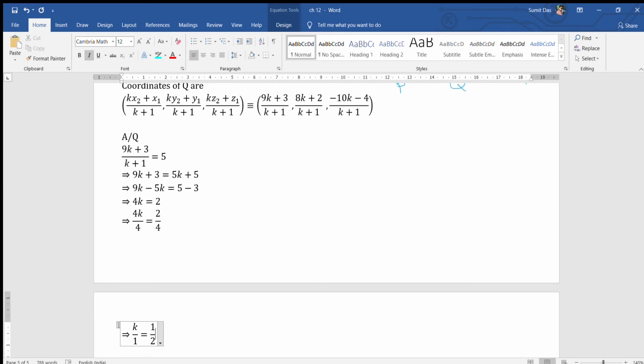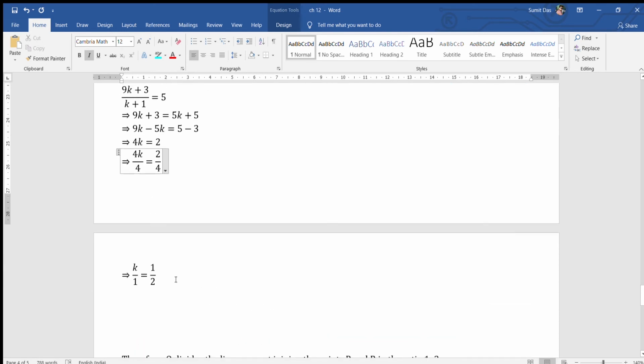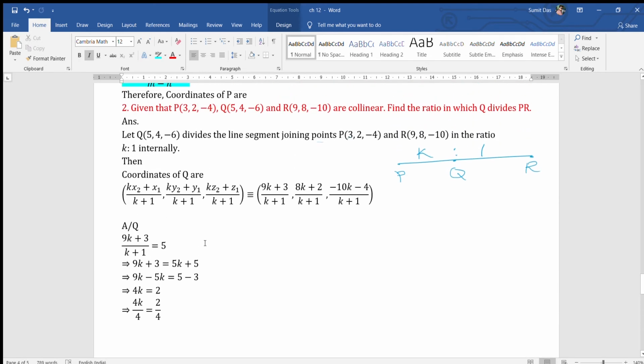Therefore, the ratio k is to 1 is 1 is to 2. So it's just simple. I compared the x part, you can compare the y part also. You can compare (8k + 2) divided by (k + 1) equal to 4. That's your choice. Is it clear?